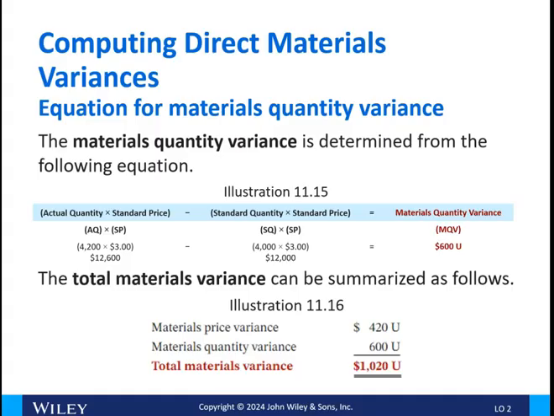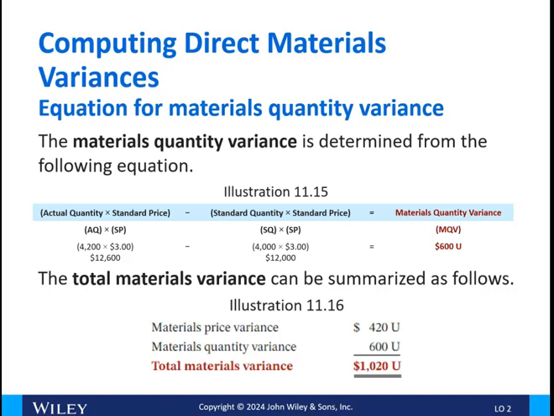So then if we add our materials price variance, $420 unfavorable from the previous slide, and our materials quantity variance from this slide of $600 unfavorable, we get total materials variance of $1,020 unfavorable, which is what we saw a couple slides ago when we just calculated the total variance. So we took that $1,020 and broke it into its pieces, to say which was driving it, the quantity or the price.